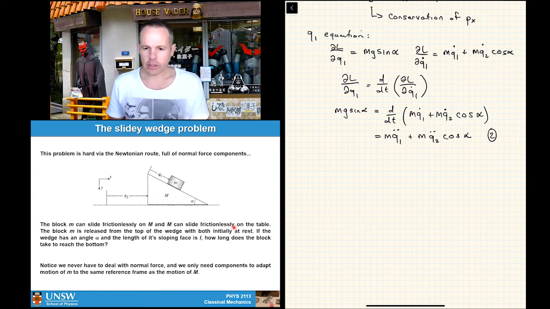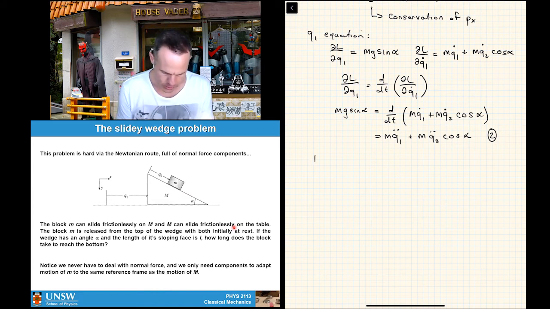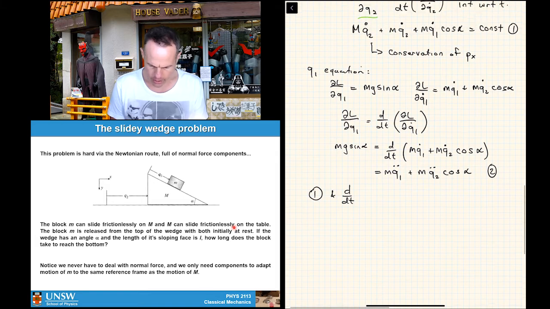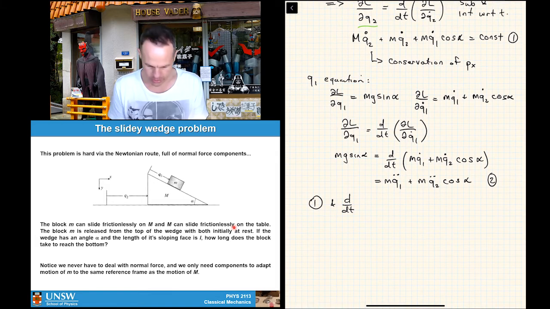Okay, so what I'm going to do is go back to equation 1 now, because I can kind of spot that it's going to be useful to me, but in a slightly different form. I'm going to take equation 1 and take the derivative with respect to time, right? So if I do that, I'm basically just undoing what I did up above.